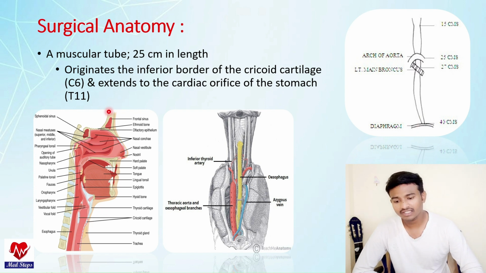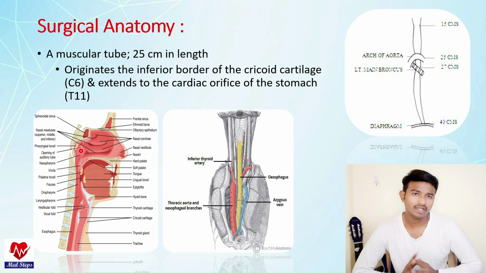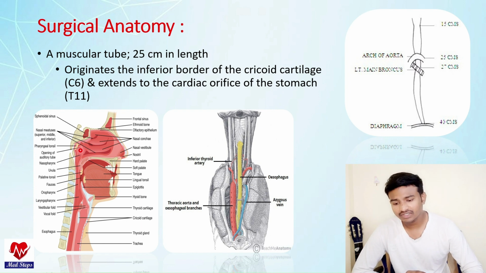If you see this image, you can appreciate this area we call the pharynx. The pharynx is divided into three parts: nasopharynx, oropharynx, and laryngopharynx. This area posterior to the nose is the nasopharynx.